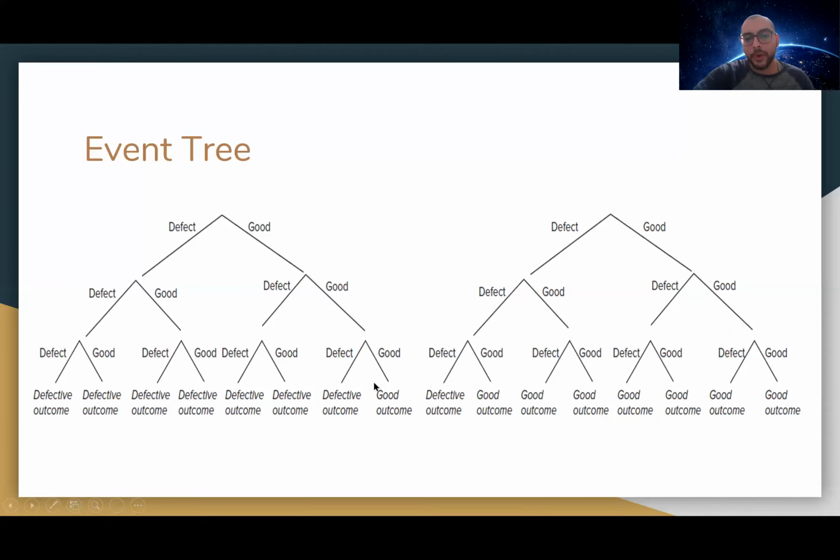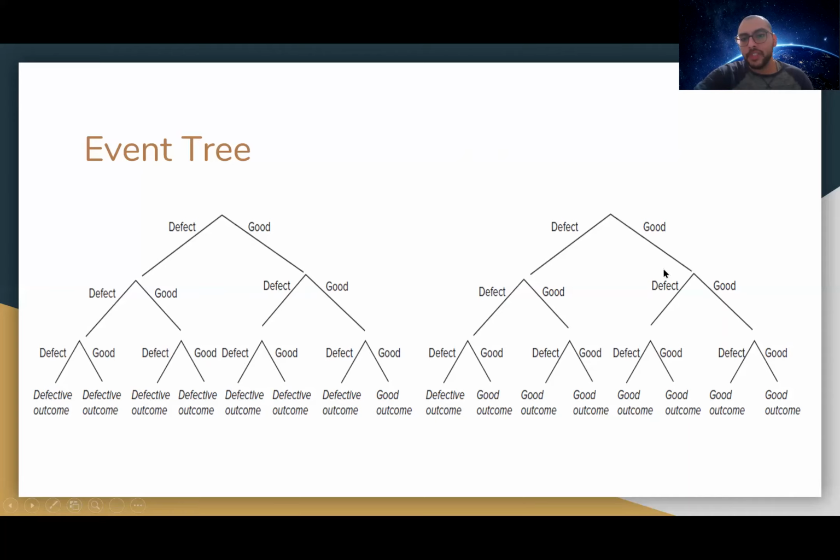And this is the only possible way to end up with a good outcome. But in the other example, as long as the error gets caught, we will end up with a good outcome. That's why the probability of ending with a good outcome is much, much higher than the other example, the assembly line example.